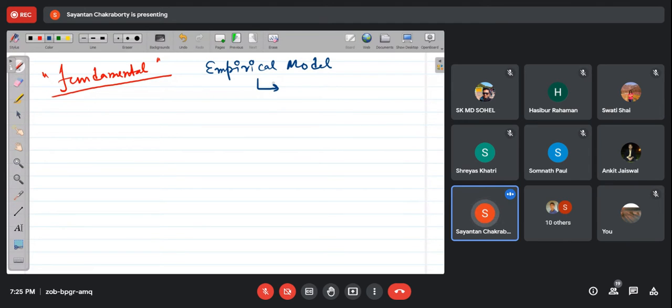These empirical models will be beneficial because they develop a transfer function of the plant or the process by performing what is called a plant test. On the actual plant, you can carry out some test, and based on the test result or response, you can design an empirical model. Now, what is the most common form of plant test?